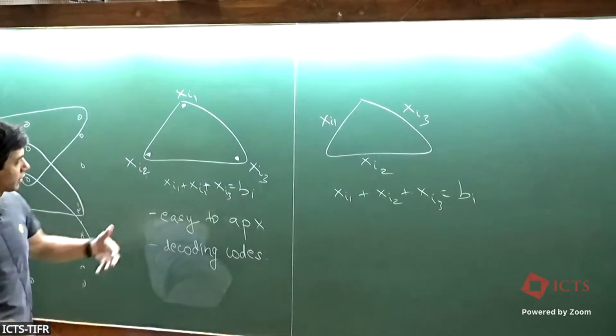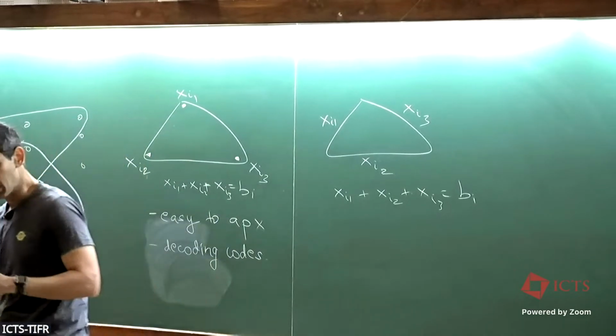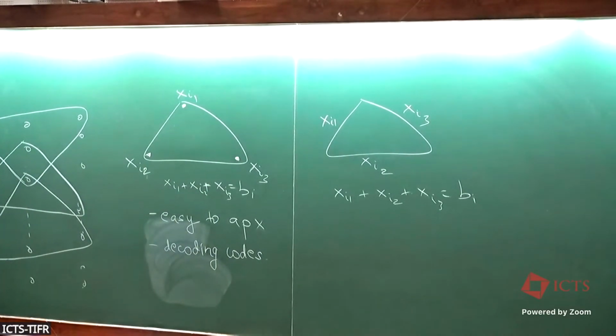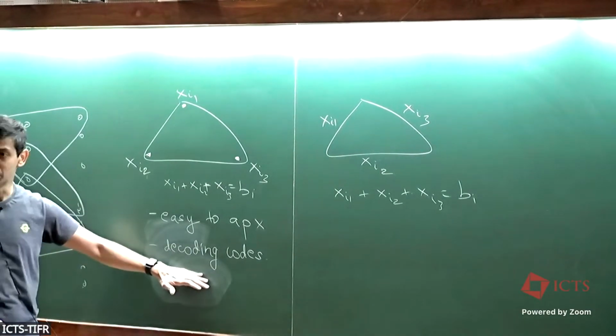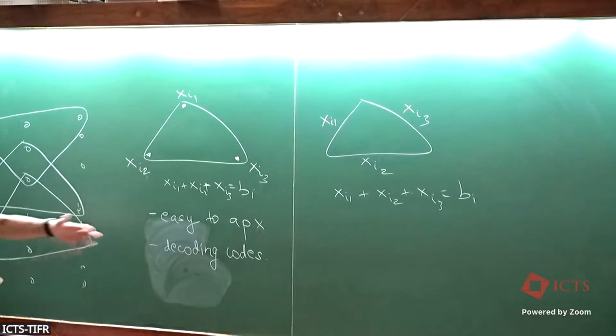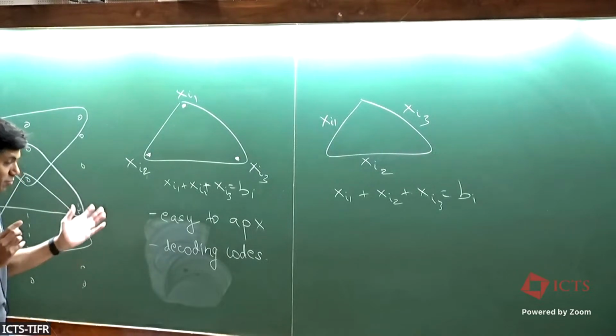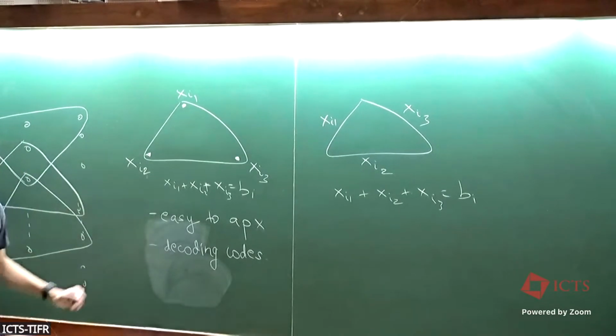In particular, some variation of this we'll see can be used to decode Amnon's epsilon balanced code that Swastik mentioned yesterday. So we'll see how to develop an algorithm for that using roughly this model of CSPs in our mind. We don't have to go through it this way, but it gives a nice way of looking at it. And it will also allow us to introduce some tools which are more general and more useful. So we'll talk about it.